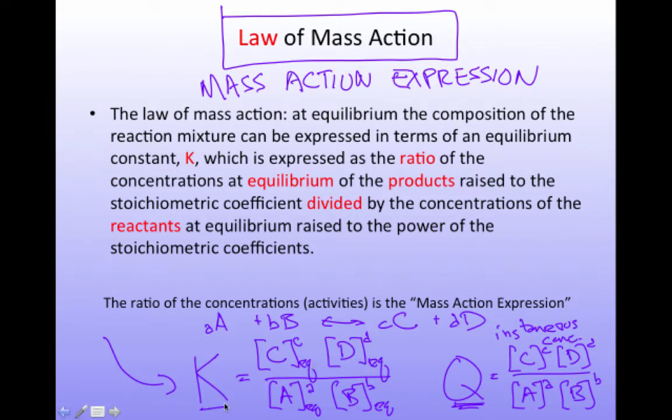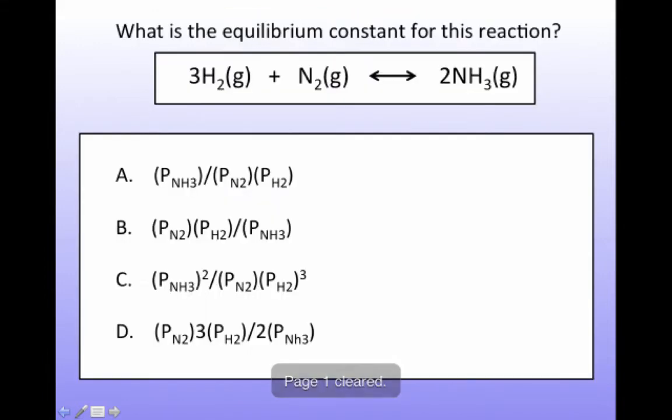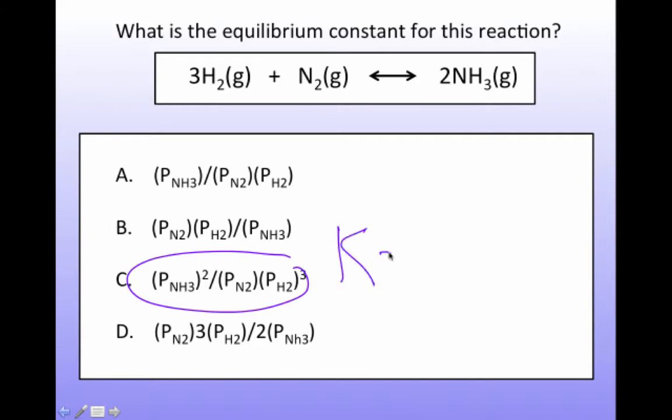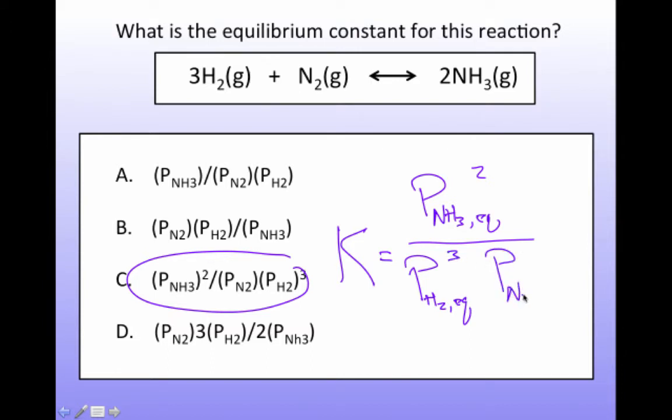And I'll just tell you right now that it gets to be a huge pain to write these little equilibriums on there all the time. And so what will happen is I will drop them off and they won't show up. Technically, if I go back here and look at this one, K is the partial pressure of NH3 at equilibrium squared times the partial pressure of H2 at equilibrium cubed times the partial pressure of N2 at equilibrium.